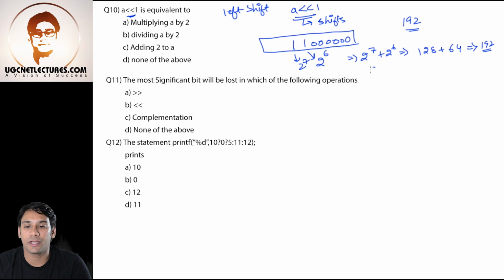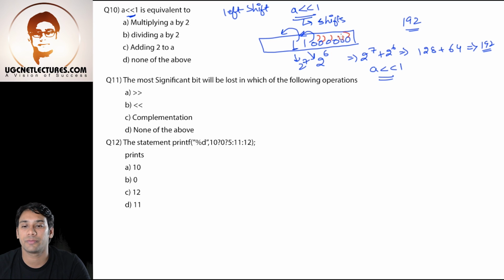So if we use this operator, this is a left shift operator. That means I'm shifting the bits. So if this is 1 byte, then this bit will be lost. This bit will be shifted to its location. Then this bit will be shifted, this and this.